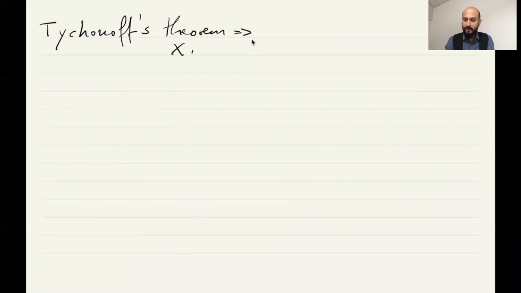So Tikhonov's theorem implies that X is a compact space and is also actually Hausdorff.